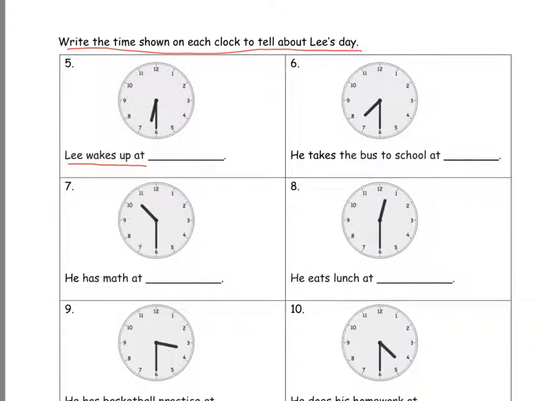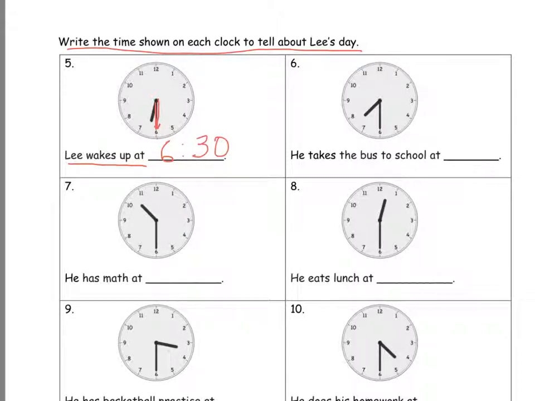And I see that the hour hand is just past the 6, but not to the 7. So I know it's going to be 6 something. And then my minute hand is pointing straight down at the 6, meaning it's half past, which means 30. Because halfway around the clock is 30 minutes.